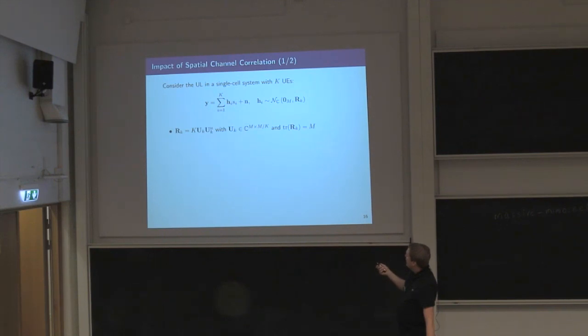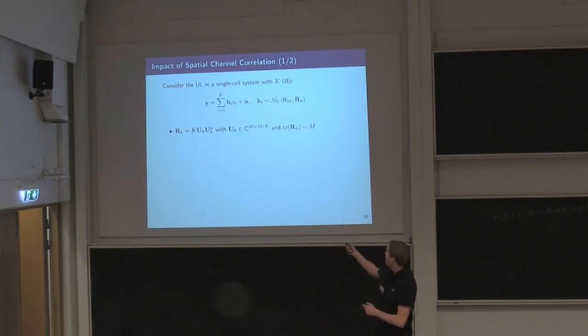has this form here. I take a unitary matrix U here, but I cut away a lot of the eigenvalues or eigenvectors. So I assume that I have only M over K eigendirections where the channel exists, and the rest of them are 0.